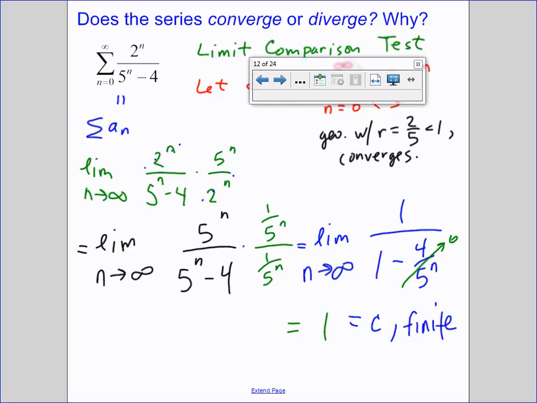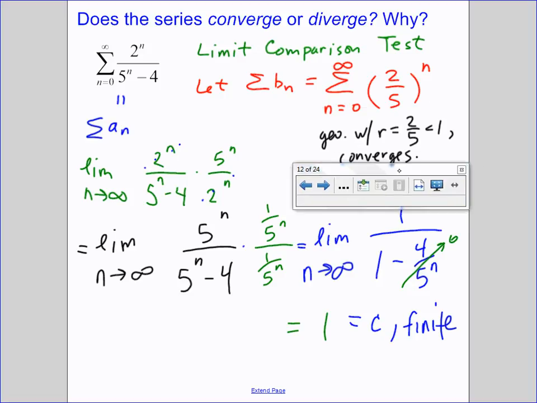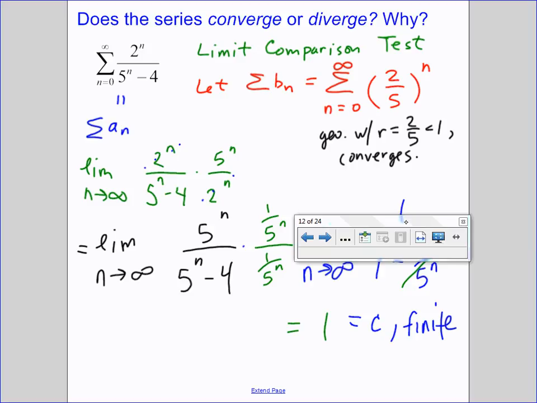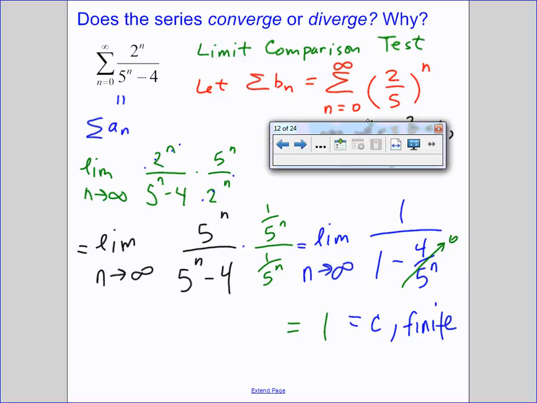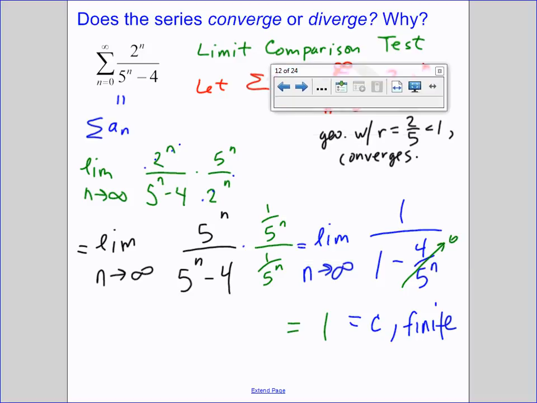So they share the same fate. Series A and Series B share the same fate. We've shown that Series B, my series of comparison, is geometric with ratio r equals 2/5, which is less than 1, so it converges. Therefore, my new series A sub n must also converge, which was our gut feeling, right? I bet that looks a lot like 2/5 to the n.